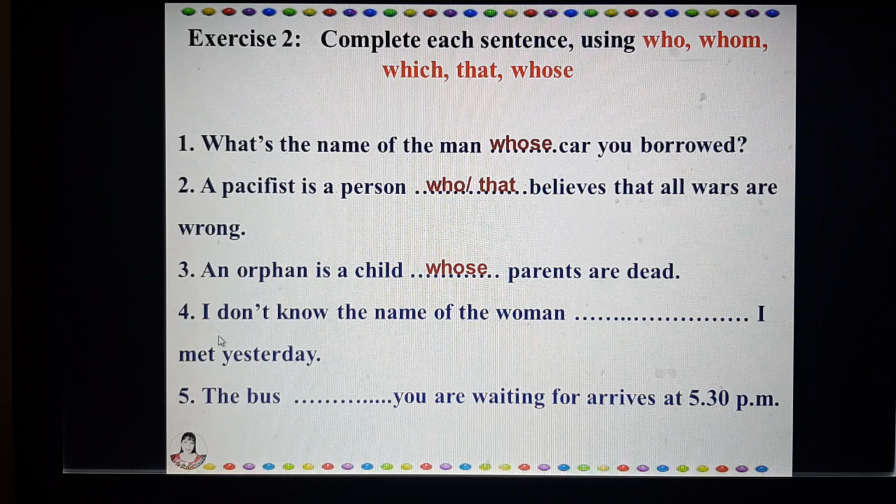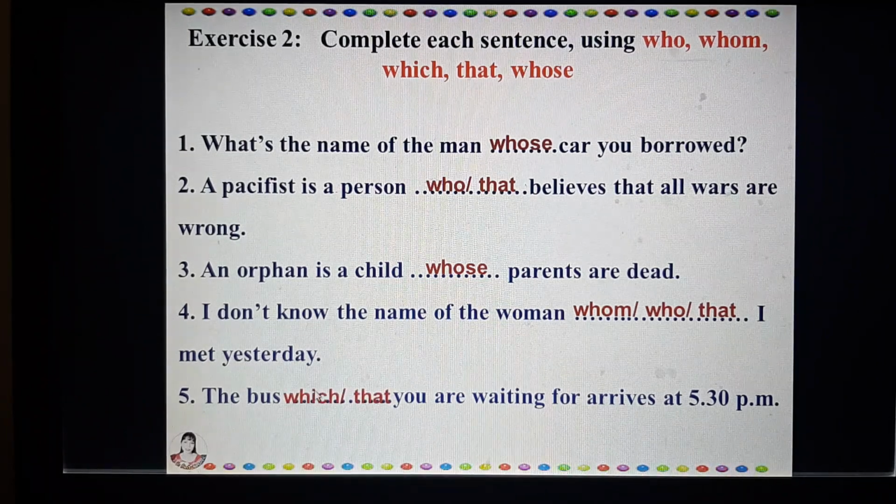Number 4. I don't know the name of the woman whom or that I met yesterday. Okay. Number 5. The bus which or that you are waiting for arrives at 5:30 p.m.